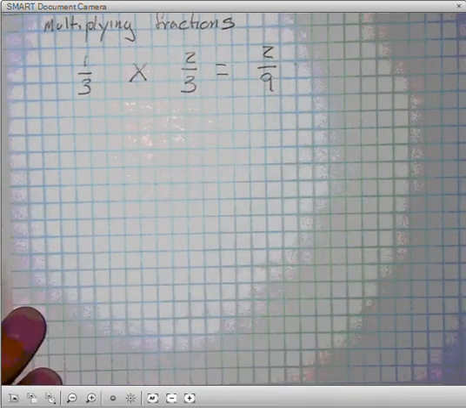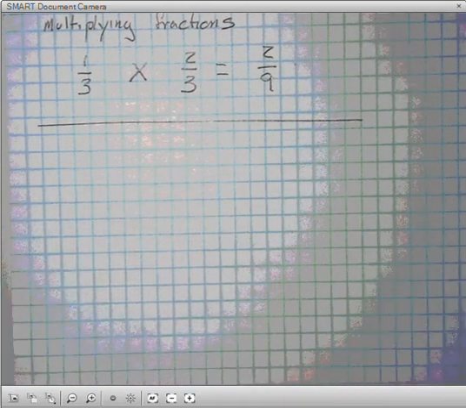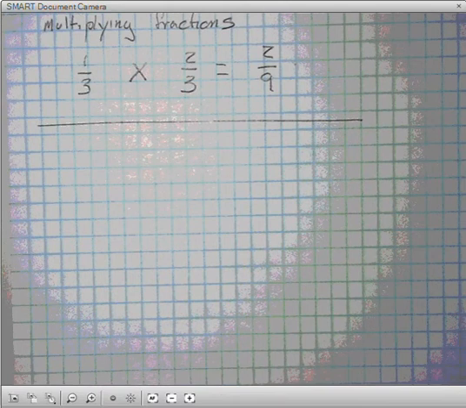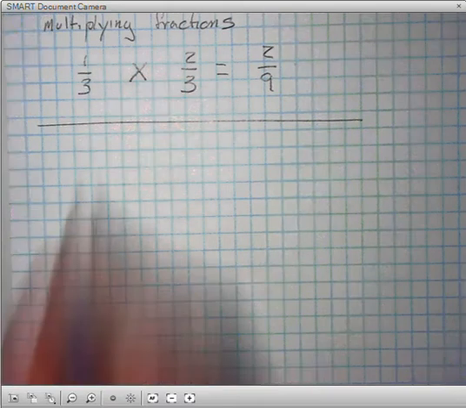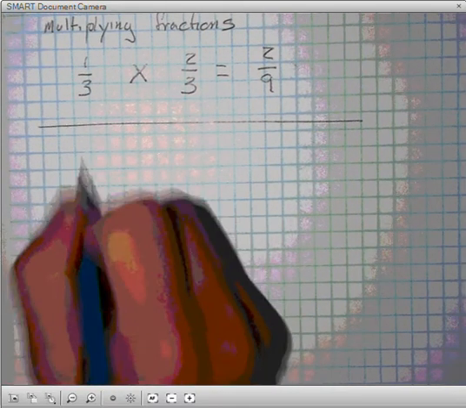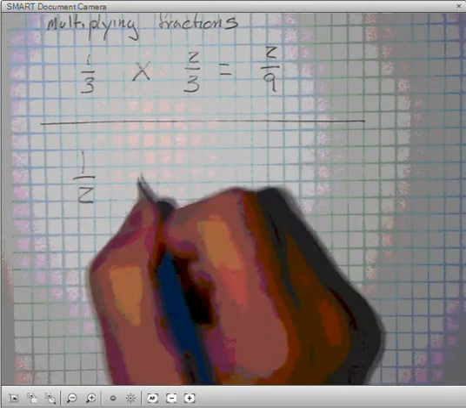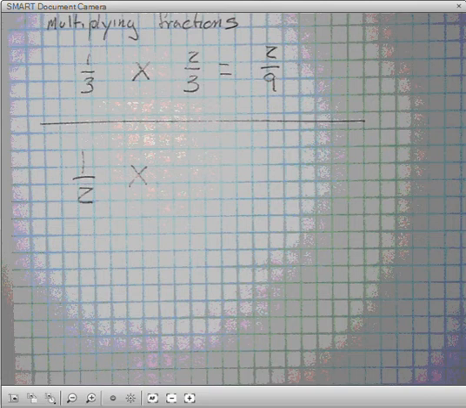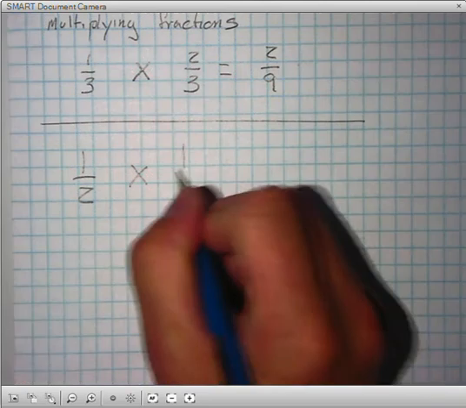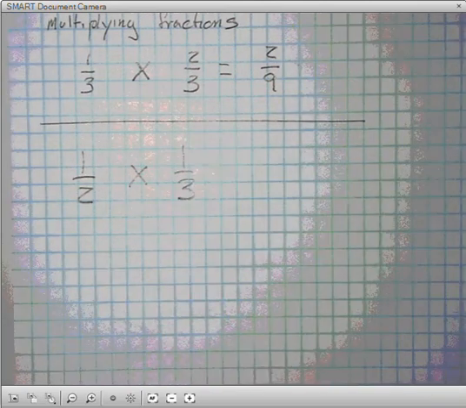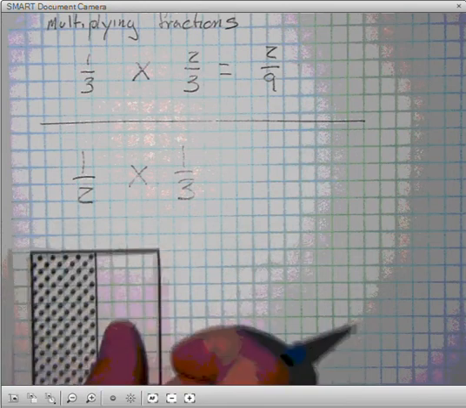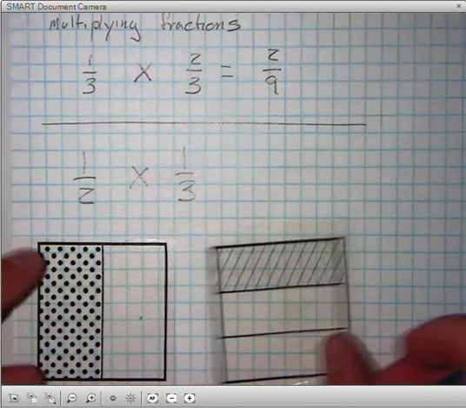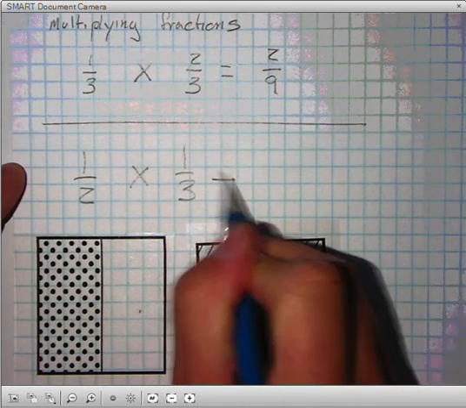Let's try this again. I'm going to take the fraction 1/2 times 1/3. So I've got 1/2 times 1/3.